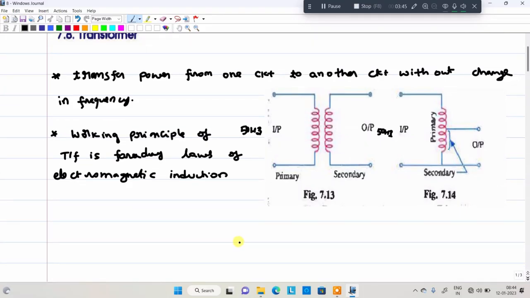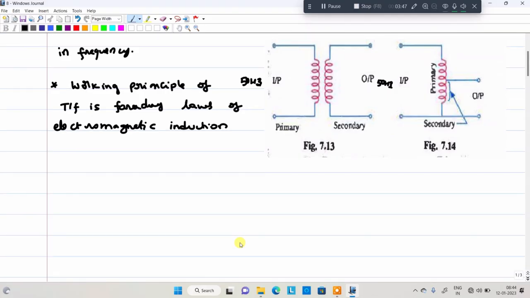Then we are moving on. We have two different types of transformer based on the construction. The first is the shell type transformer. The second one is the core type transformer. We'll see them one by one.